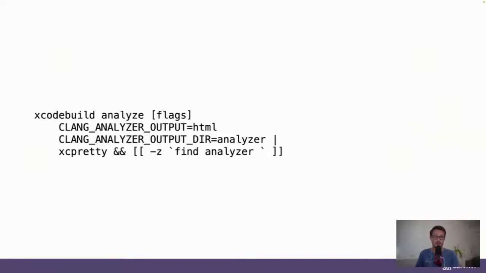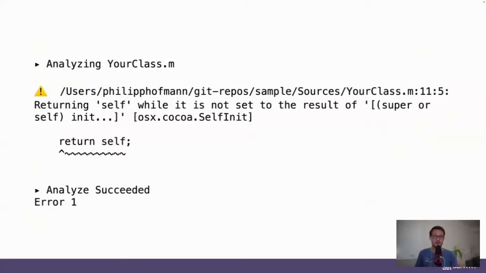And then I just search in the analyzer directory if there is an HTML report, because the analyze tool will only create an HTML report if it finds any errors. And that specific shell syntax will then call exit 1 if it finds anything. And if it doesn't, it will just call exit 0. So now this will fail in CI and will tell me exactly what the problem is.